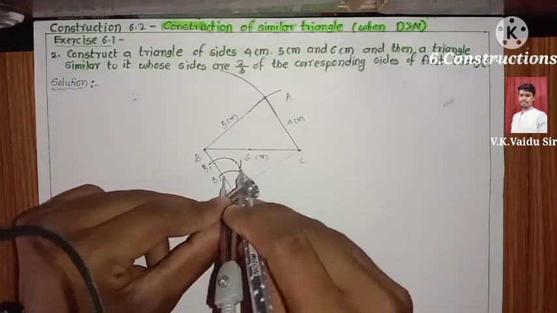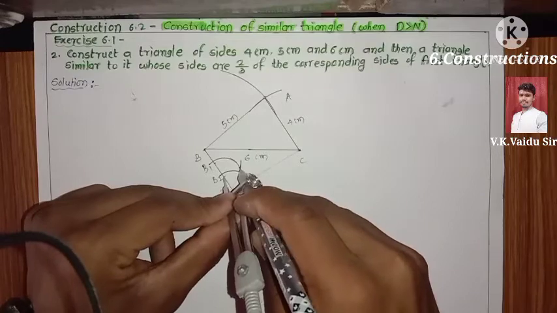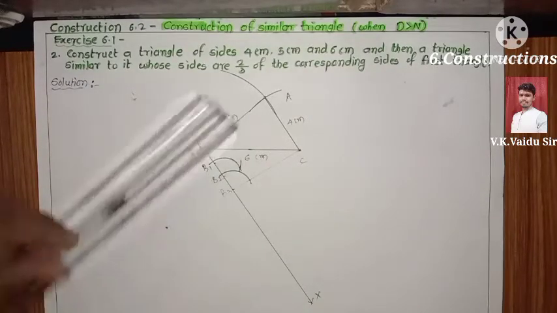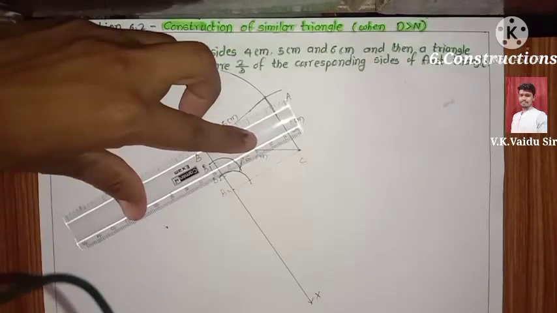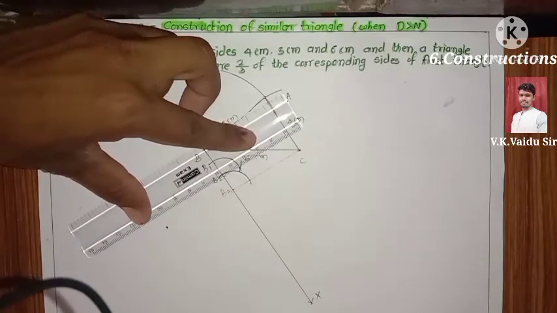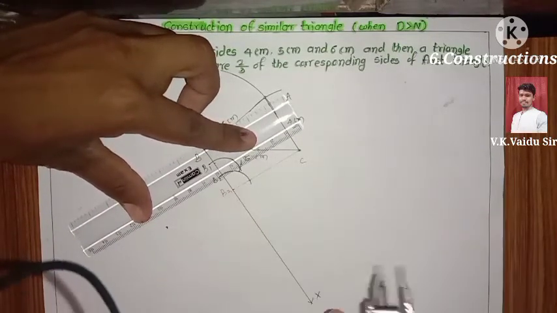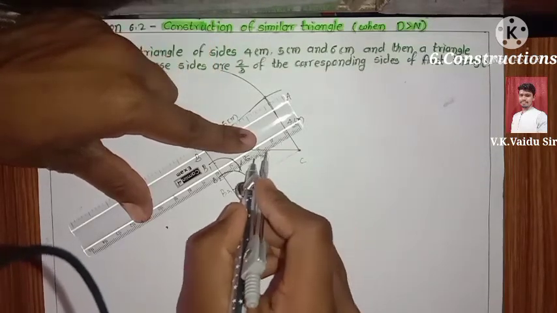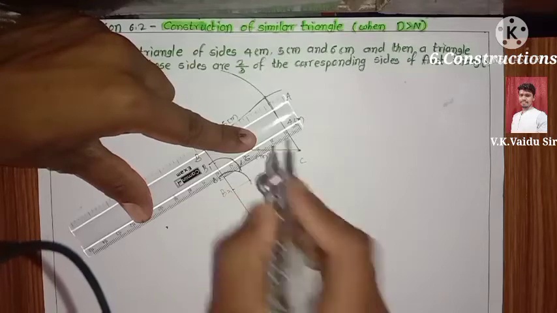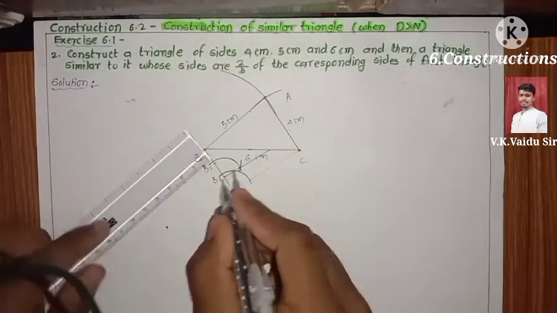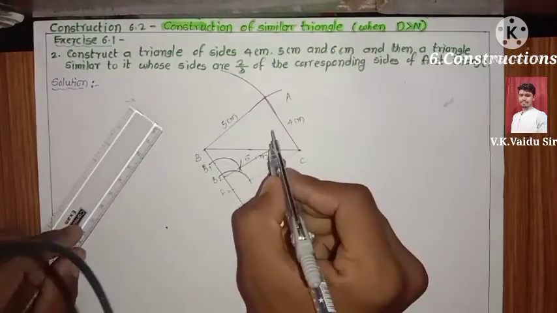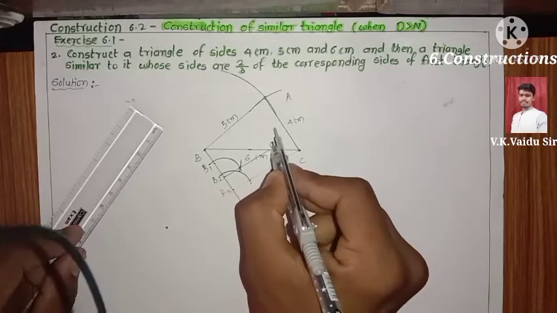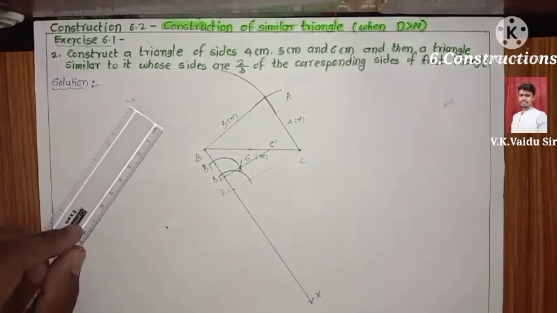Here we get an intersecting point. Now through B2 and this intersecting point draw a line parallel to B3C. This parallel line intersects BC, and we name that new point C dash.